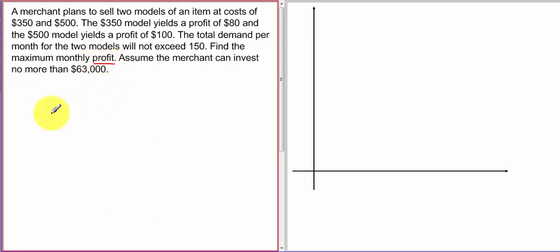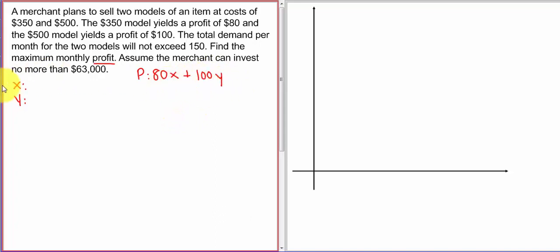So we need to first define our variables. And the hard part a lot of times with these is figuring out what the variables are. I've underlined profit because that helps us to define the variables. If you think about writing the profit equation, we have a profit of $80 on a model that costs $350 and $100 profit on a model that costs $500.